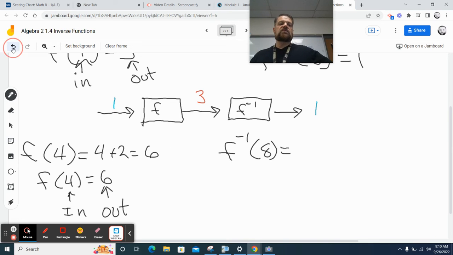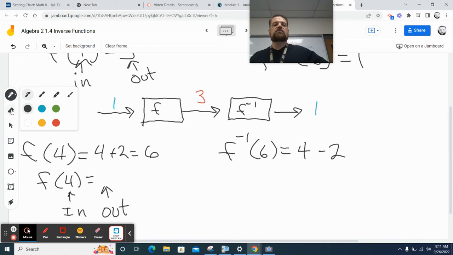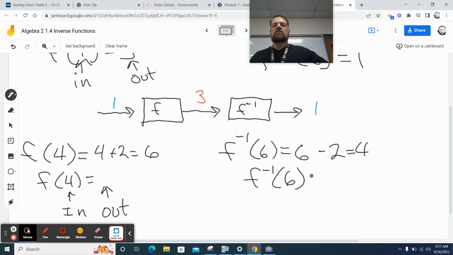So now I need to change this, don't I? So if I say f inverse of 6, right? What do you think the output for f inverse of 6 would be? Yeah, 4 minus 2. Not 4 minus 2, 6 minus 2, silly goose. Which equals 4. Okay. So f inverse of 6 is equal to 4.